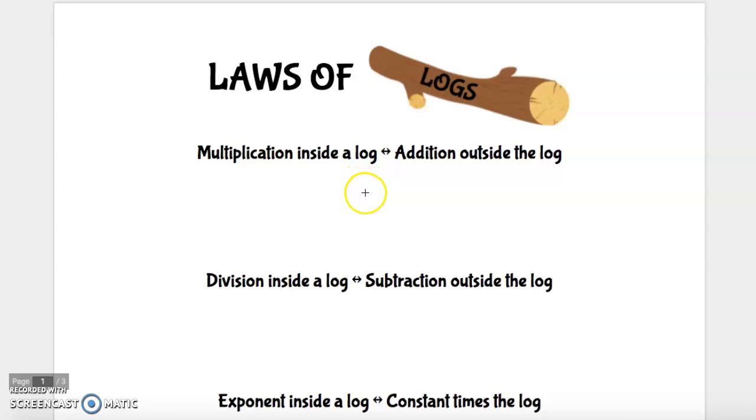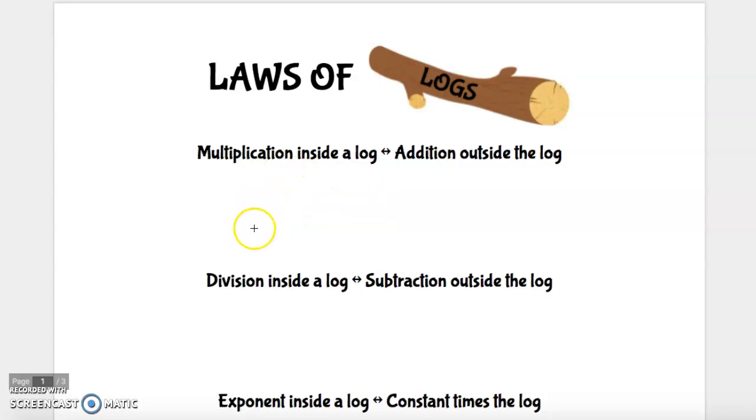The first two properties we're going to go over are right here, and I think you technically already have some stuff written underneath each of these. One of the laws that mathematicians have discovered and proven over centuries of working with logarithms is this: anytime you have multiplication inside of a logarithm, and you have a formula that's already there, if you want to write another example, you're more than welcome to.